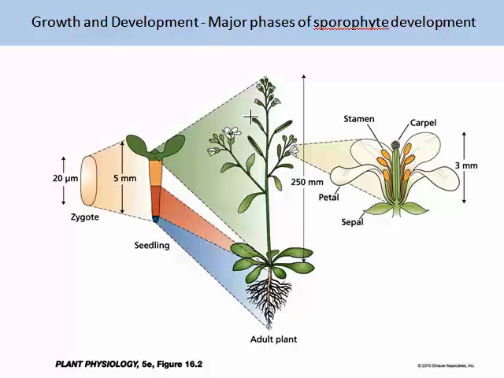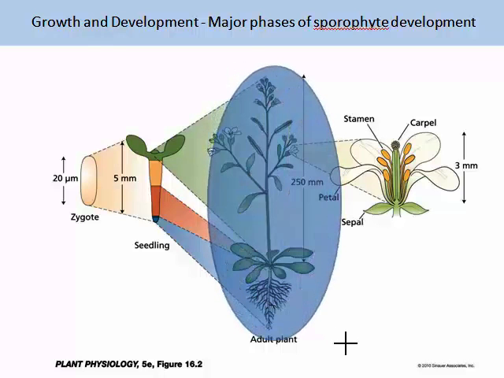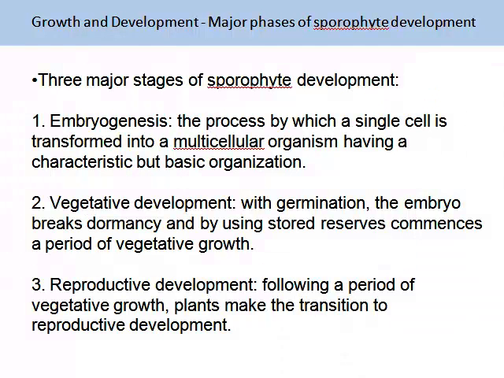With germination, the embryo breaks dormancy and, by using stored reserves, commences a period of vegetative growth. Reproductive development is then followed, where plants make the transition to reproductive development. These stages are listed on the slide for your information.